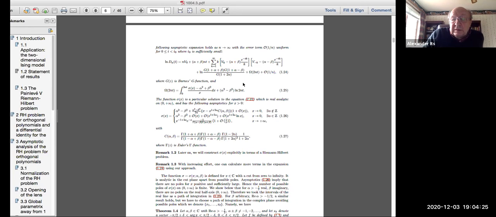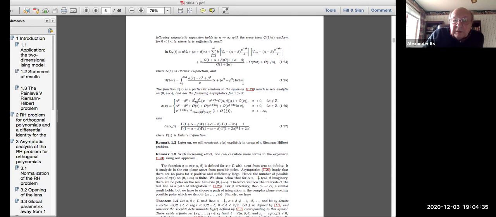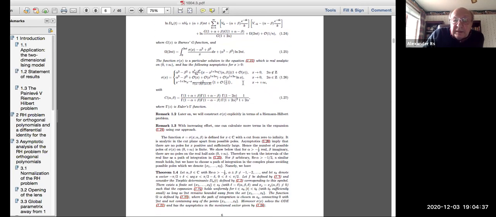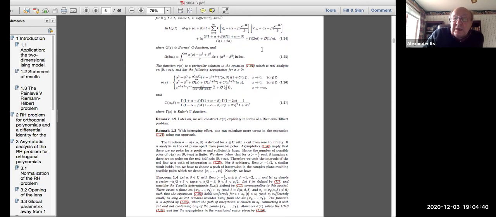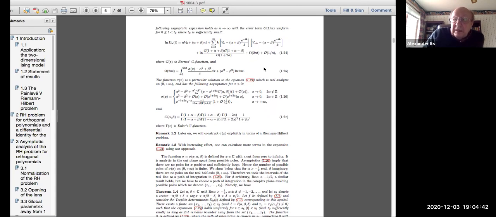This is for a particular choice of alpha and beta, alpha 0 and beta 1/2, which is what appeared in the case of the Ising model. The first results of this type were obtained long ago in the famous series of papers by Baruch, McCoy, Tracy, and Wu, when they first discovered the appearance of Painlevé 3. Well, Painlevé 3 and Painlevé 5 are more or less the same in the Ising model.